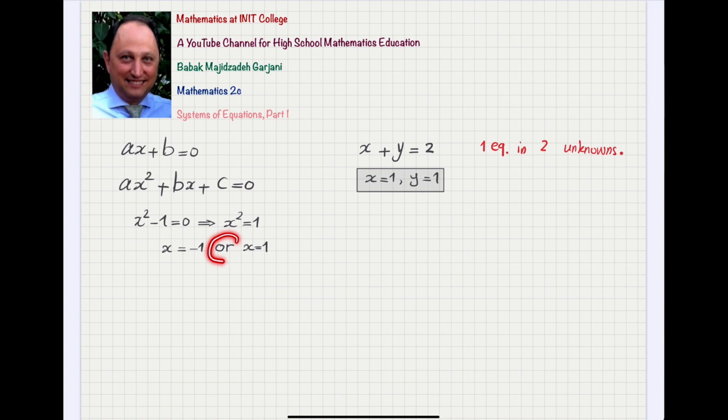This is subtle, but crucial. But here, this comma means and. Let me emphasize: there is no or here. This is the big difference. There, at a time, you get one solution or the other one, not two solutions together.